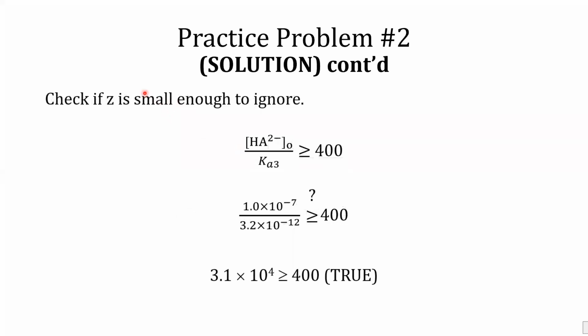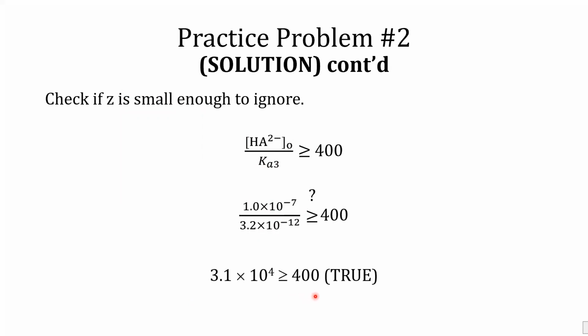To determine if Z is small enough to ignore, one needs to take the concentration of hydrogen arsenate and divide by K3's value to see if the ratio is greater than or equal to 400. In the end, the ratio equals 3.1 times 10 to the 4, which is greater than or equal to 400.